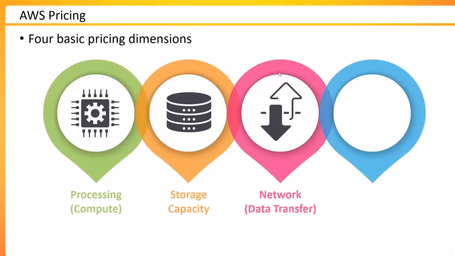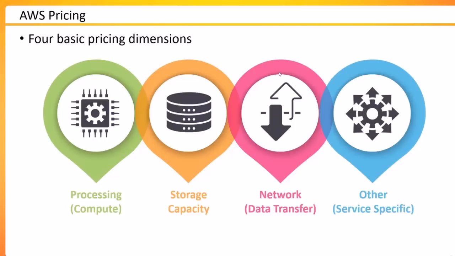So these are three very common dimensions for almost every service: processing power, storage capacity used, and data transfer or network traffic. Almost every service may have one more dimension, which is specific to the service. That would depend on which service it is. For S3 it could be something else, for EC2 that service-specific thing would be something else. But these three common things, processing, storage, and network, remain the same.